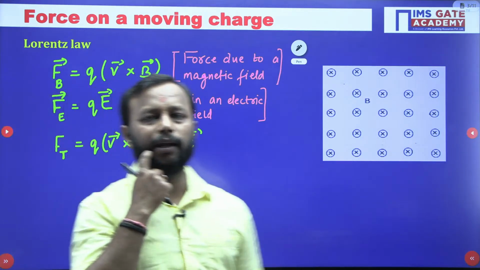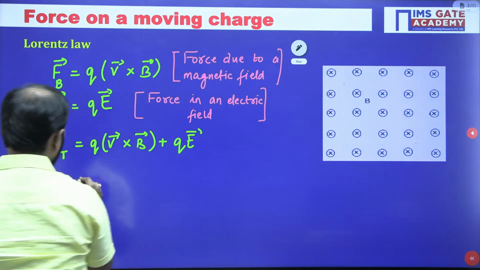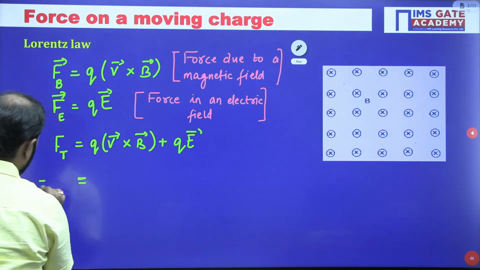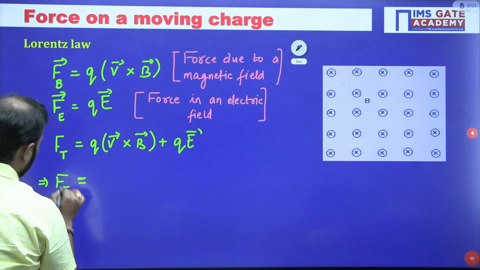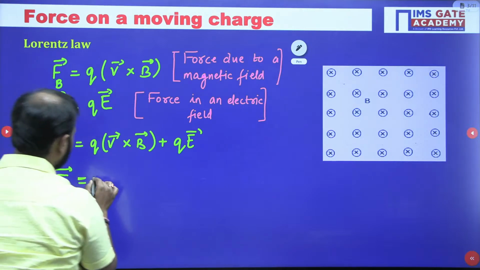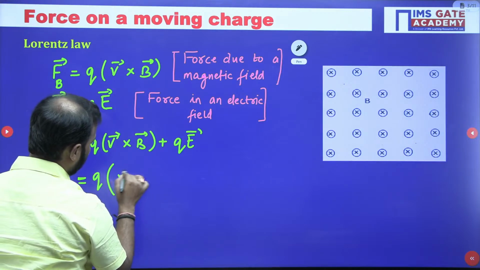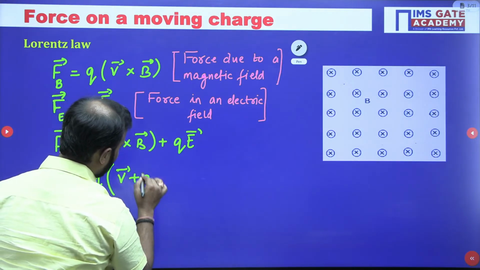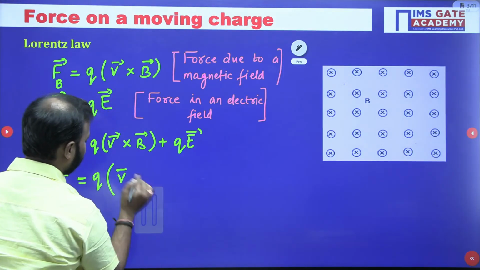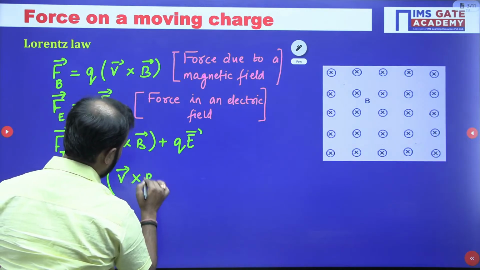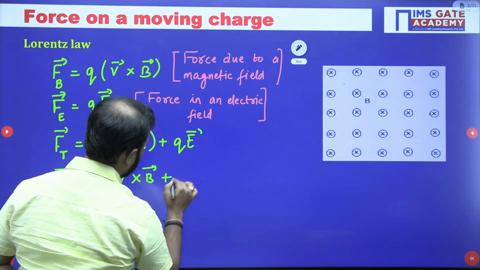Any doubt till here? So I can write this as Q times, let me take Q common. So this will be equal to Q times (V cross B plus E).